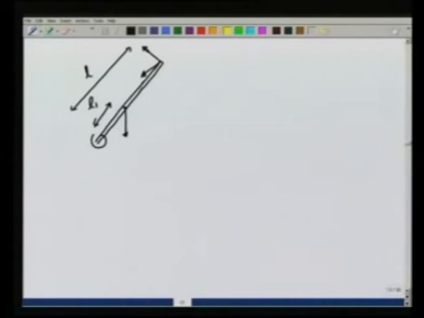What is the tension in these ropes? That is we want to know, and what are the reactions here in x, y and z directions, N x, N y and N z.